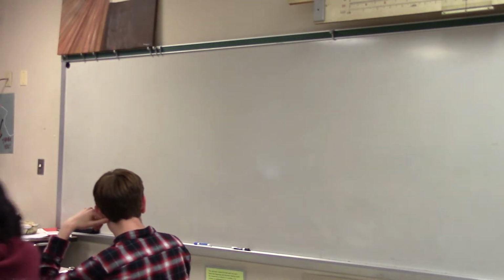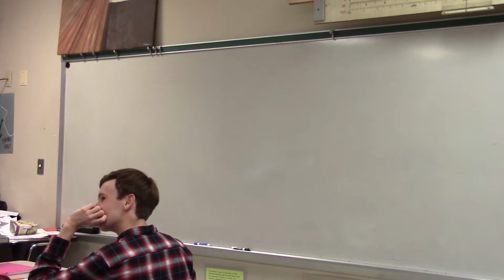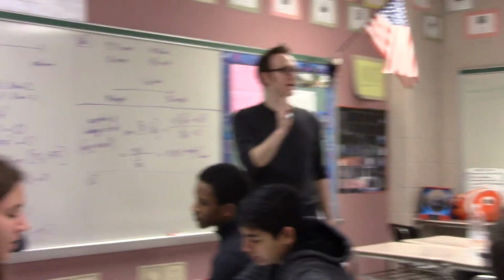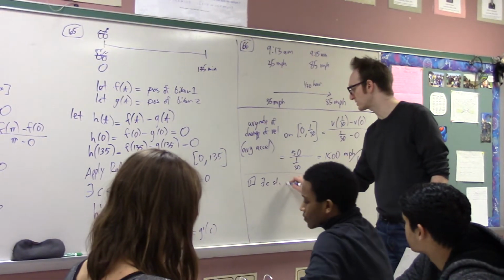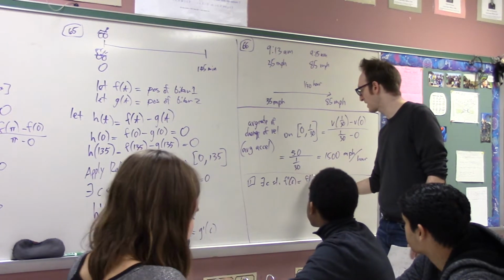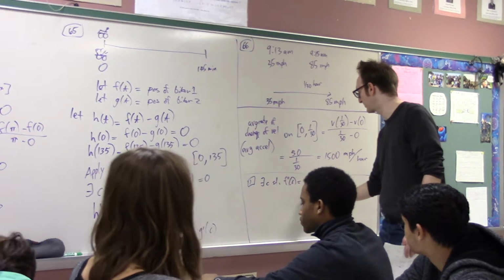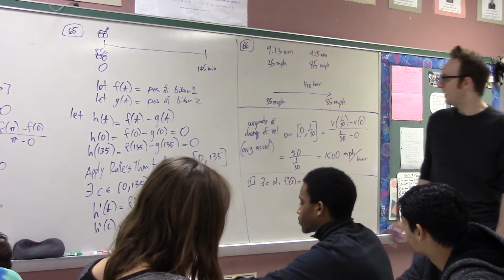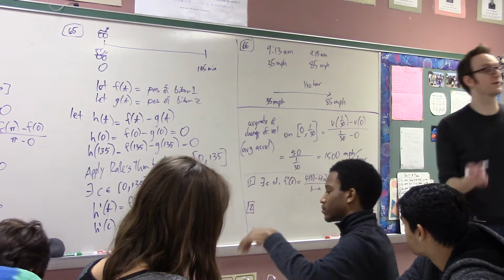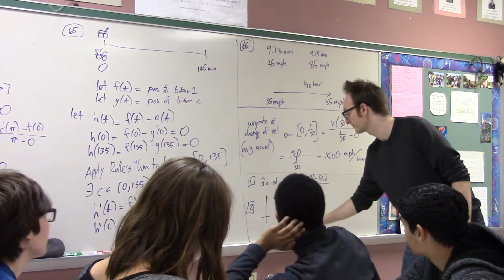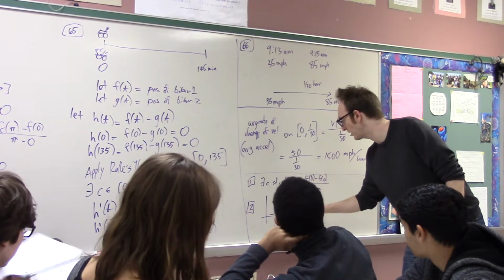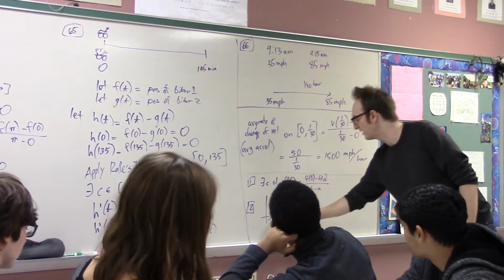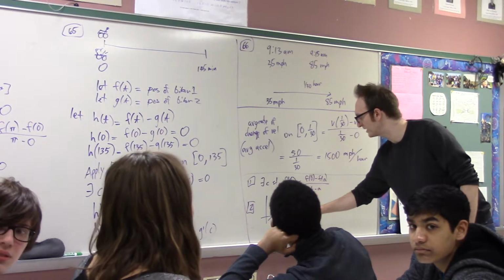So there are maybe three different ways of really thinking about the mean value theorem. On one very boring level, it just says that there exists a point c such that f prime of c is f of b minus f of a over b minus a. On a more intuitive level, it says that if you give me some function, then there is always a point at which the slope of the tangent line is parallel to the slope of the secant line.